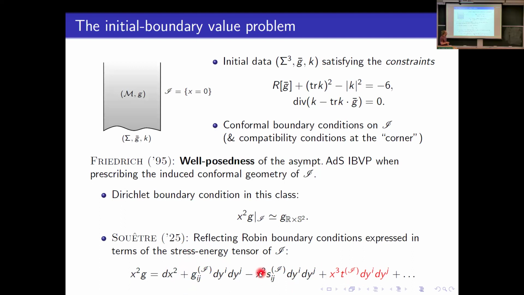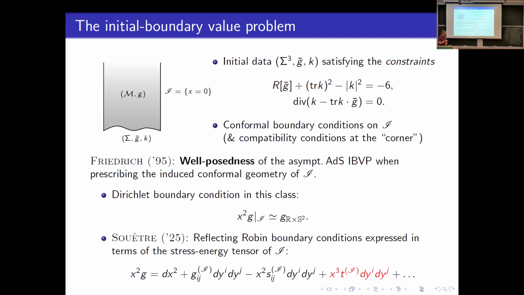The next order term here is just the Schouten tensor of the metric g on the boundary, so it's determined by the Dirichlet data. The next term is now a free piece that one can prescribe, again, in the Fefferman-Graham theory. And prescribing this term in the expansion would correspond to prescribing Neumann data for the evolution. So let me not go into details.